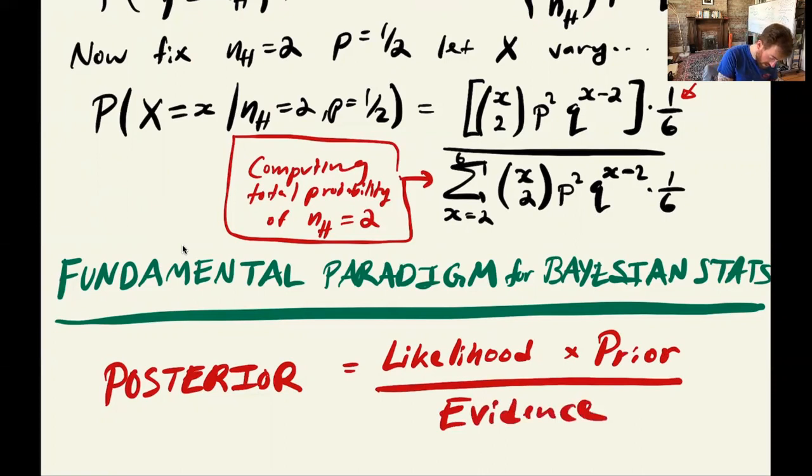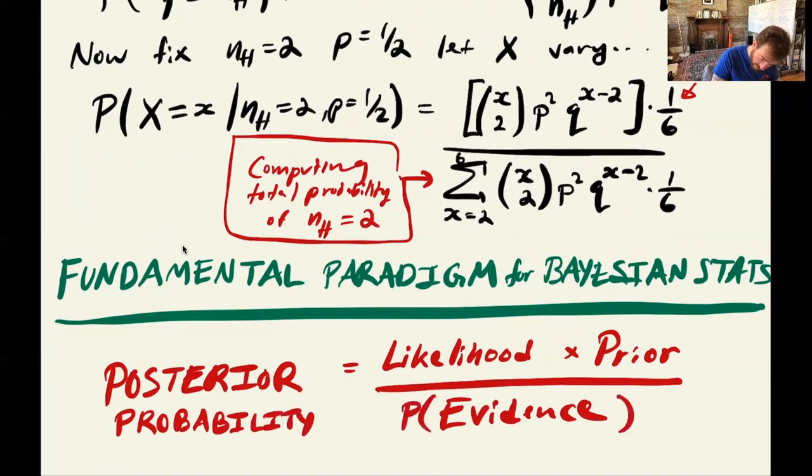So I'll think of this as the posterior probability, and I want to think of this as the probability of the evidence. And this over here is the prior probability.